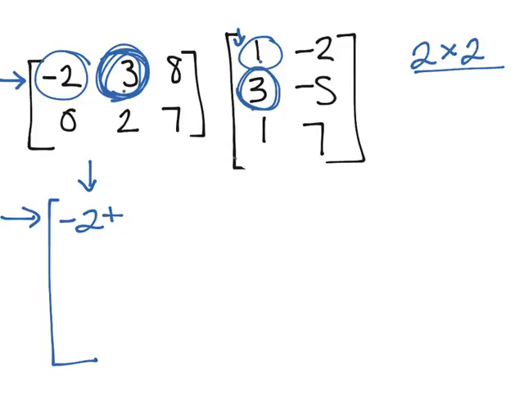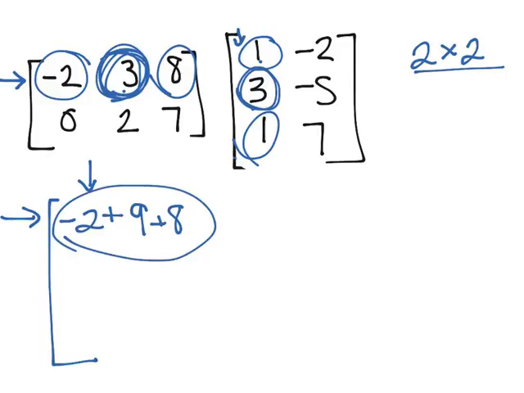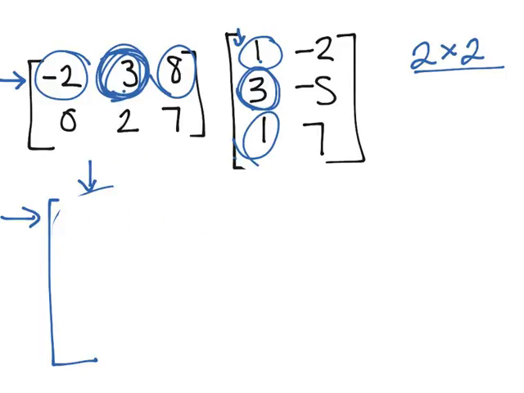So 3 times 3 is equal to 9, and then our last element, 8 times 1 is equal to 8. So we add these numbers and we get that this is equal to 15. So I will replace that ugly equation with just a 15.